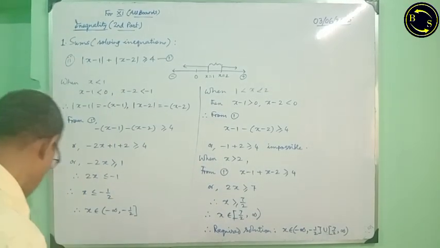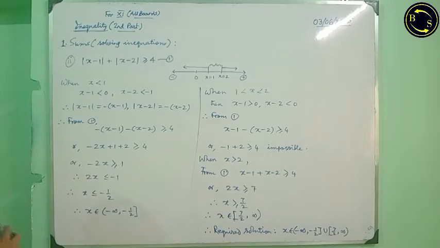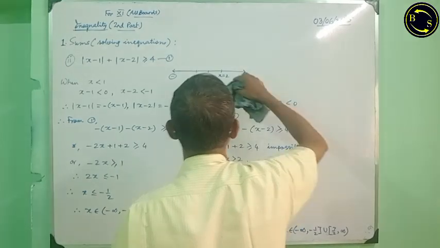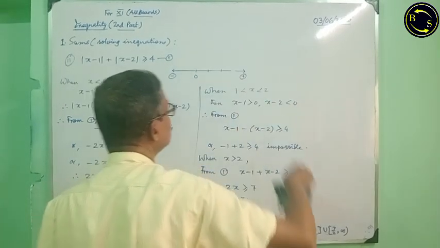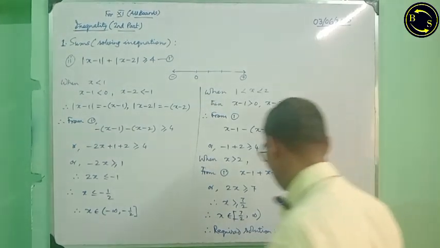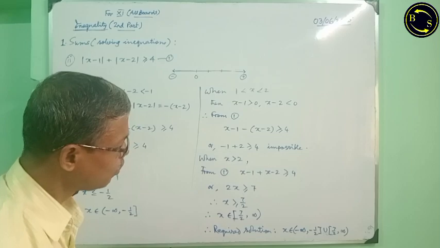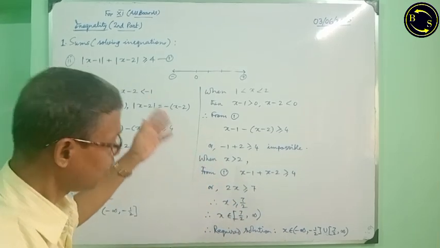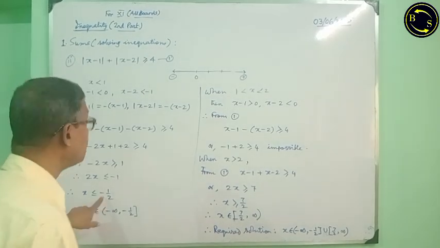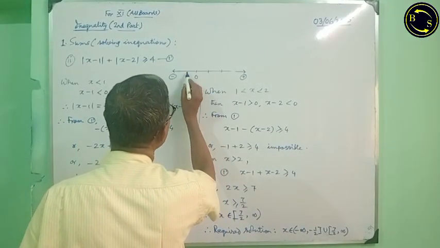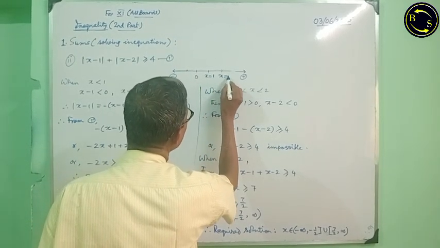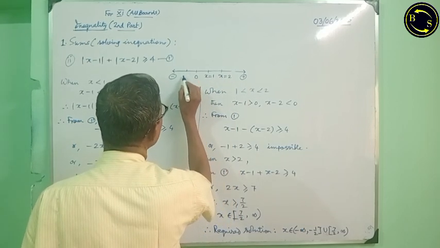Now, sometimes it is required to show the solution set on the number line. Here we find x less than or equal to minus half, as I have taken this one as origin. x equal to 1, x equal to 2, this is x equal to minus 1.